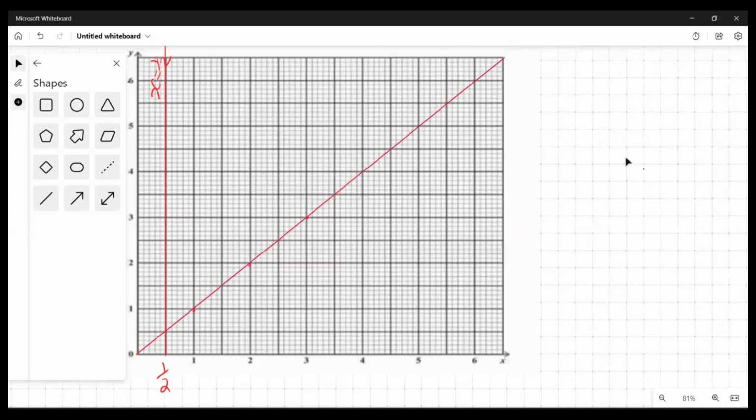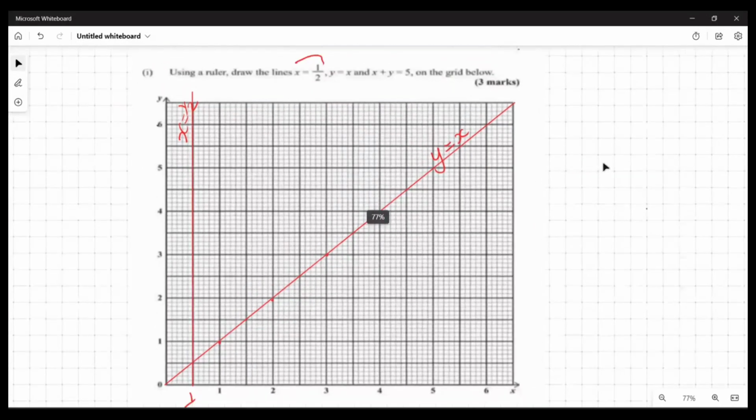See my line there, y equal x. Let me put on it y equal x. On y equal x, guys, the coordinates are the same. You have to remember that.